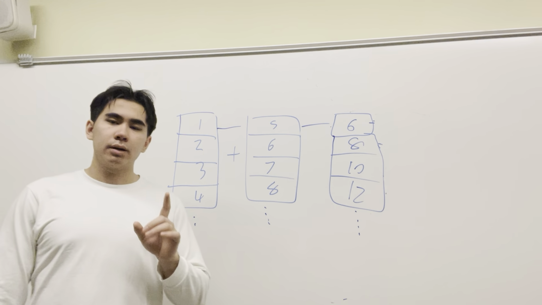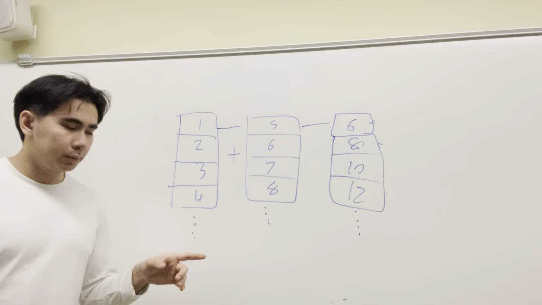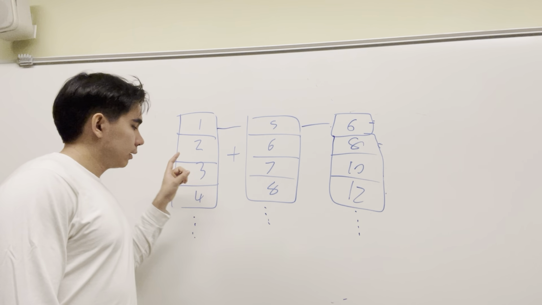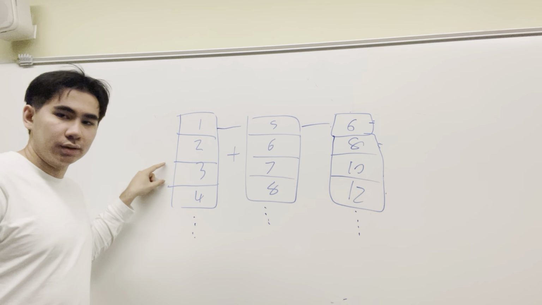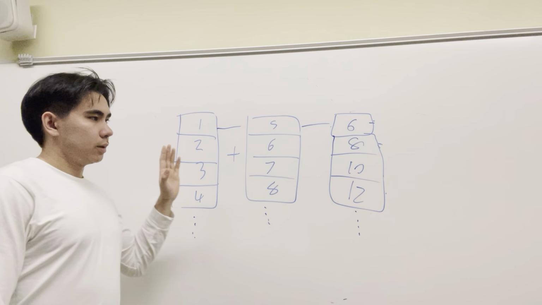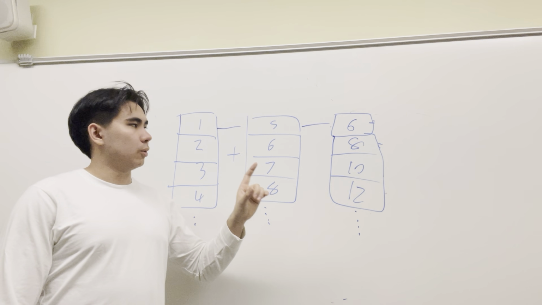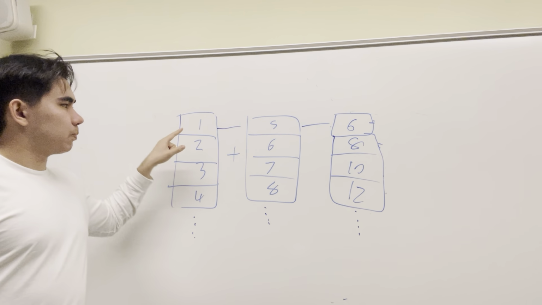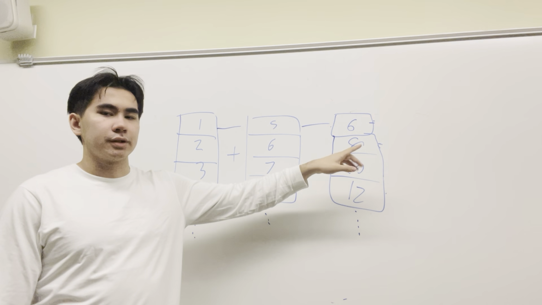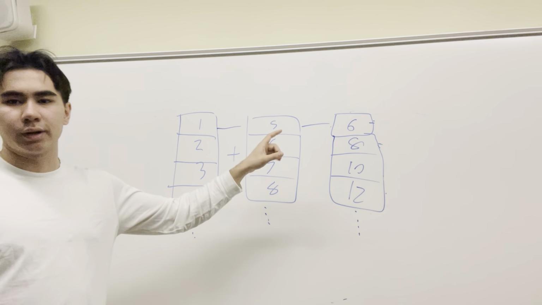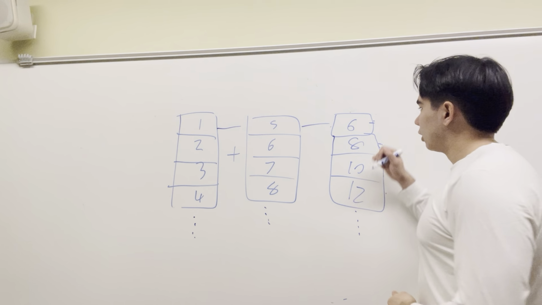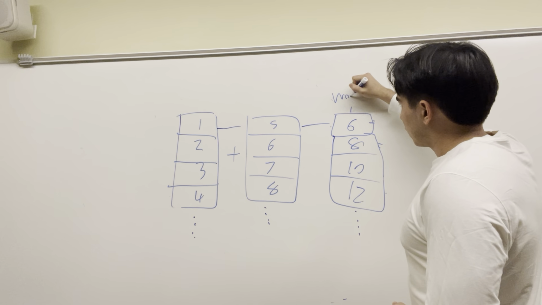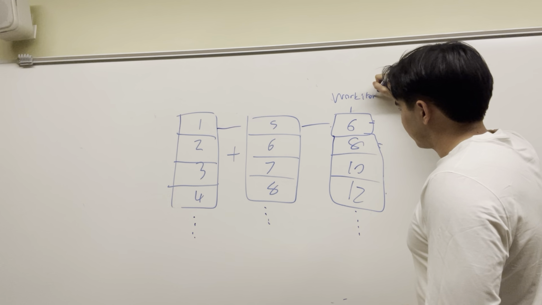In the context of OpenCL, even if we parallelize these, we still have to treat each of these individually. And so, this 1 plus 5 equals 6, right? That one specific operation out of these four is going to be called a work item.